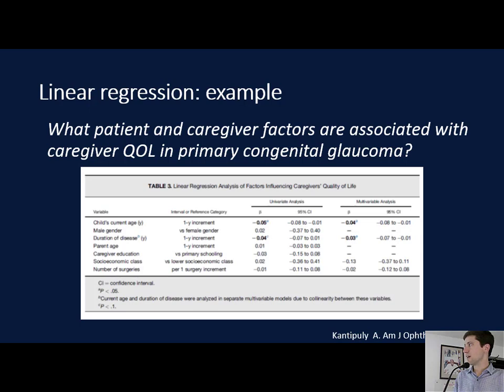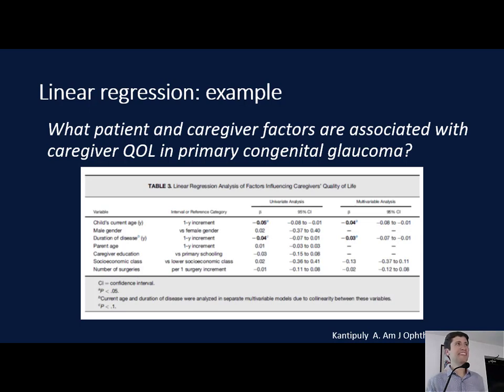Parent age, male gender, child's current age, socioeconomic class. So all of those things are adjusted for in the model if you have all these predictors in the same model. So the interpretation is that any one of these betas that you're interested in is independent of all the other ones. Does that make sense?